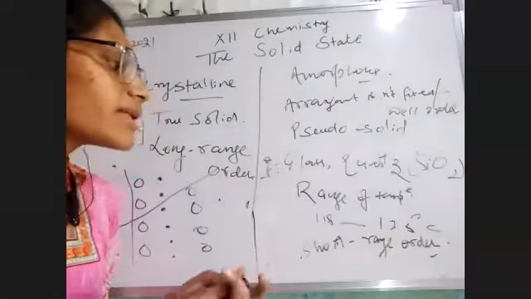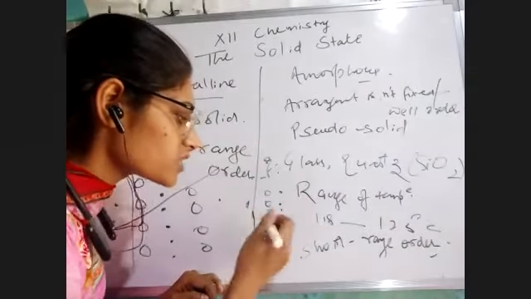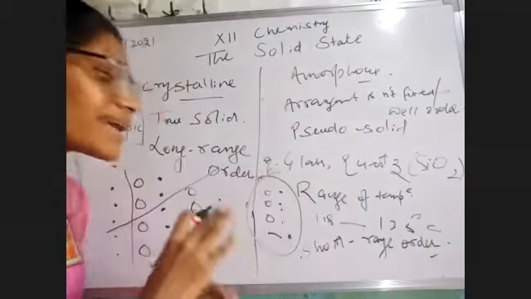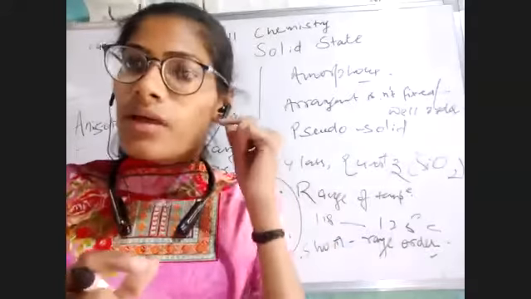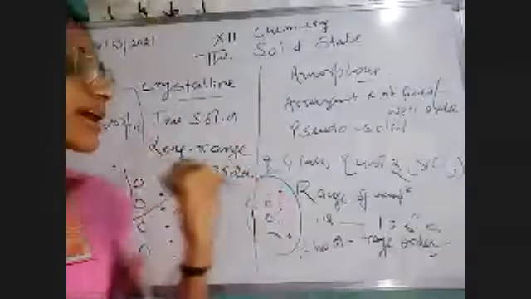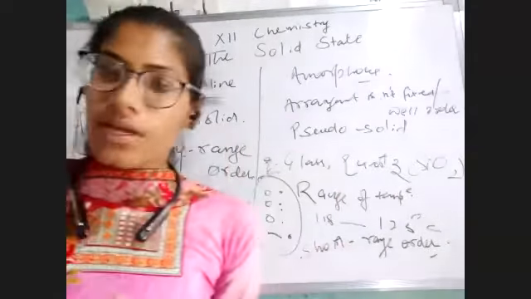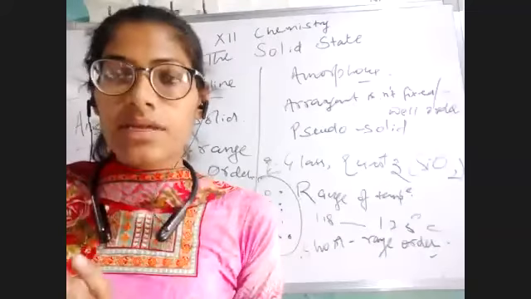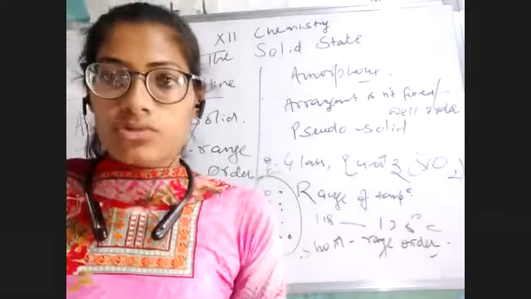But here, the arrangement is only for a short range, and then it keeps changing. That's why they are called long range order and short range order, pseudo solid and true solid. I hope you have grasped this. This was all about the differences between crystalline and amorphous.